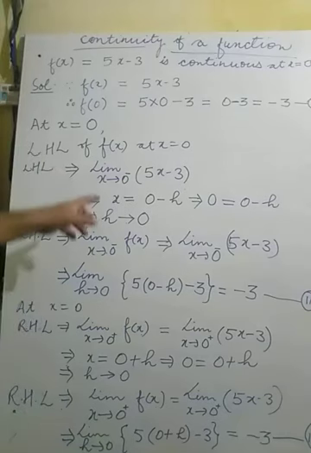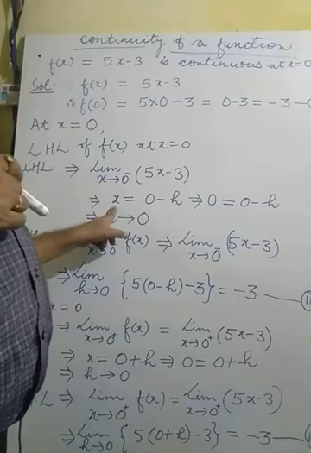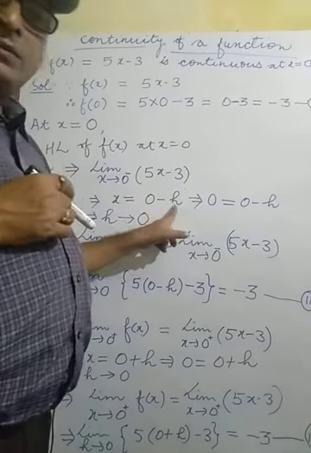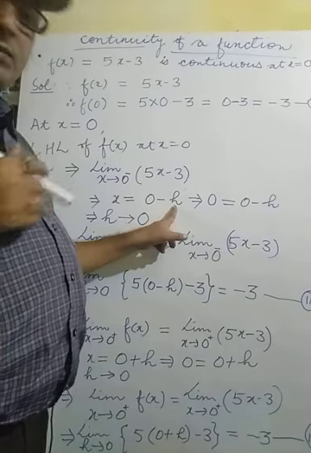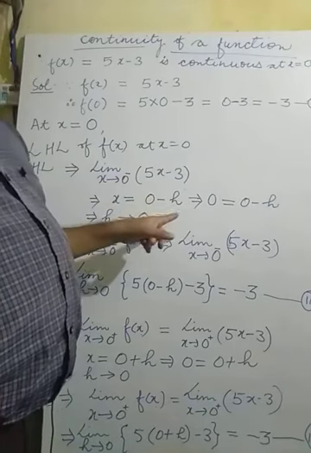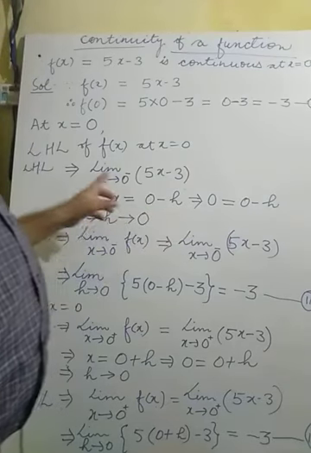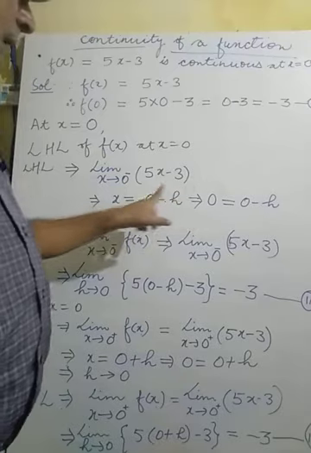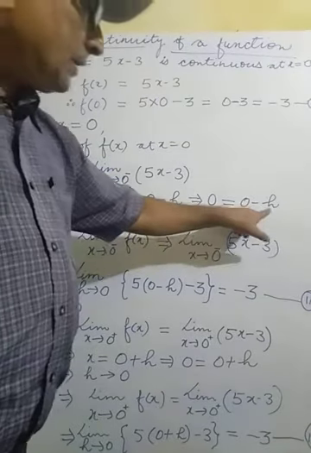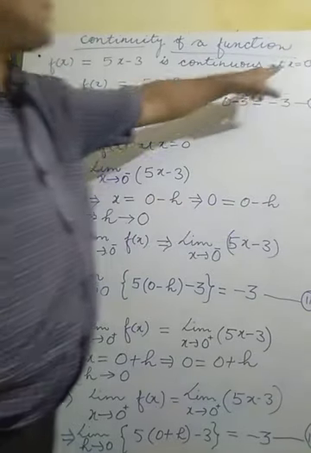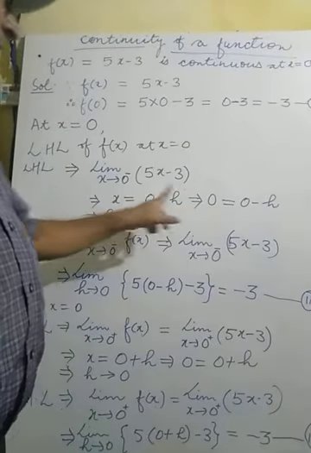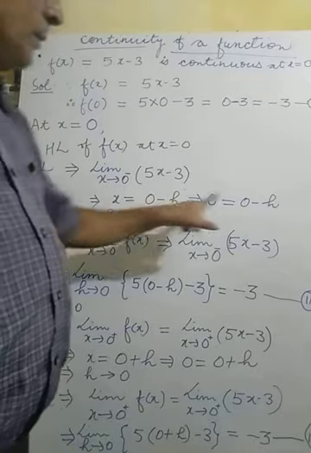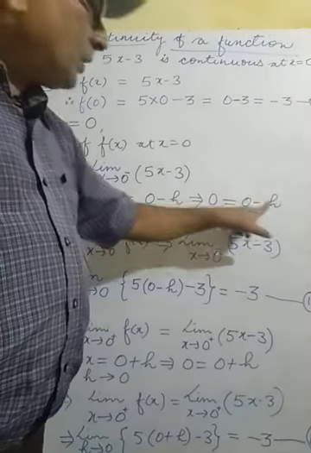What to do? In the place of x we have to note down 0 minus h. How can we decide the value of h here? The value of h will also be 0. How? See, x equal 0 and 0 minus h will be noted down as it is. In the place of x I have noted down 0, equal to 0, 0 and h will be noted down as it is.